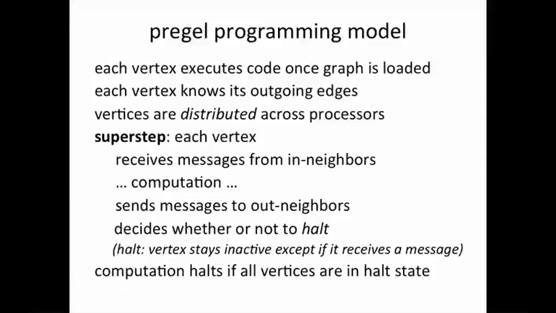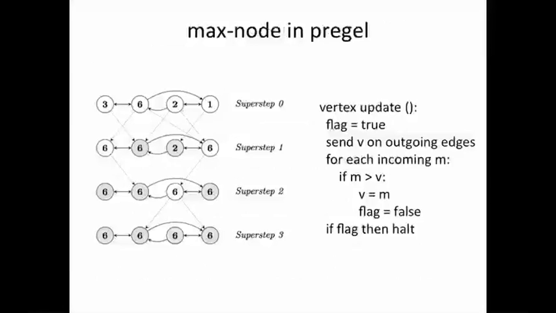So let's do a couple more examples using the Pregel programming model to solve a few important problems. A simple one is called max node. Essentially, given values across all the vertices, we would like to find out the maximum of these and make sure that every vertex at the end has the maximum value across all the vertices in the graph. So this is the simple program.